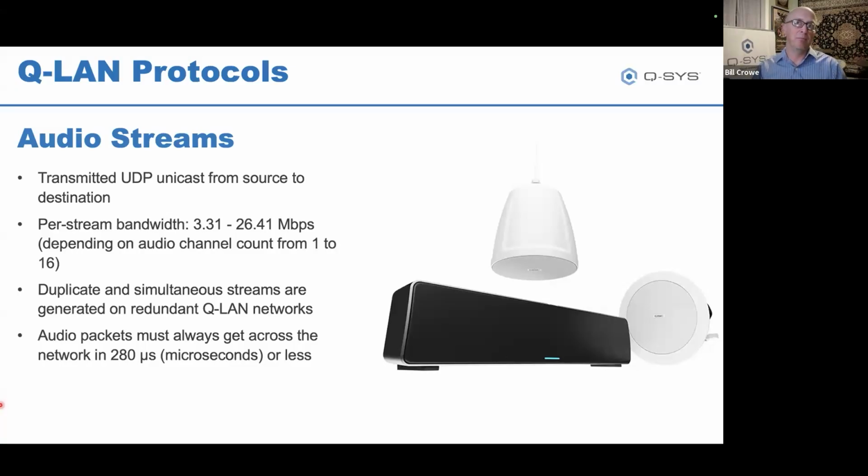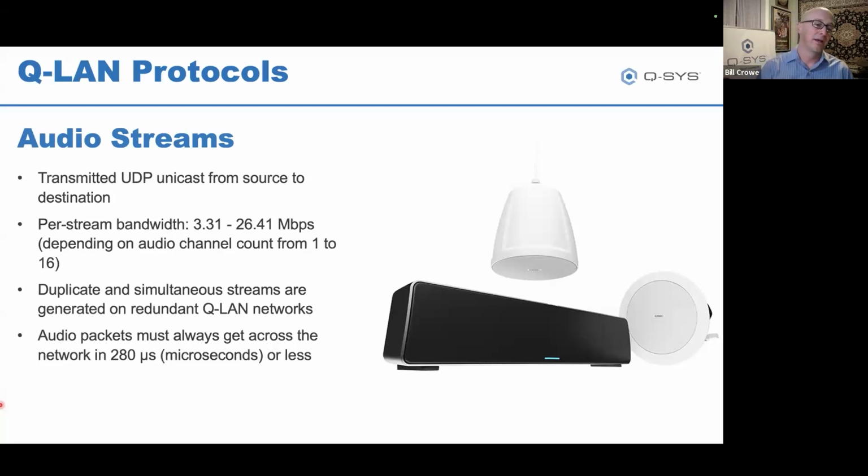Just keep in mind that if you are doing redundant networks, those streams count twice. That duplication of streams also affects all of our core models up to the 5200. So be sure to double those audio channel counts when you are specifying your core models.